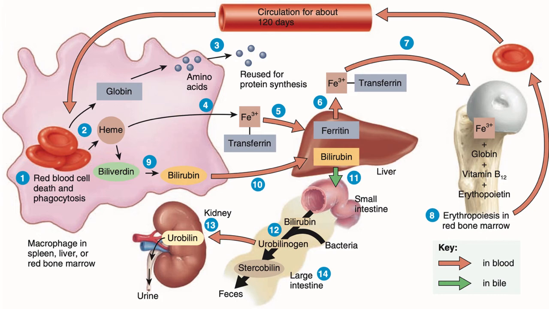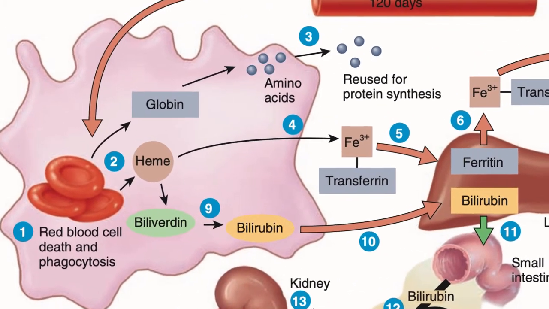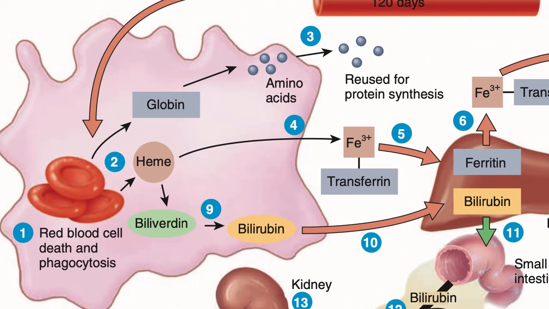As the blood circulates all over the body for around 120 days, it goes to the spleen, the liver, or red bone marrow, where it is phagocytized by macrophages, and the worn out red blood cells are stored there. The globin divides into two.